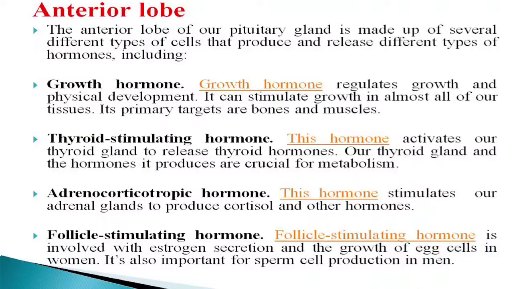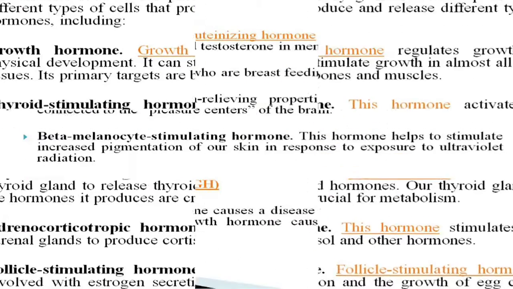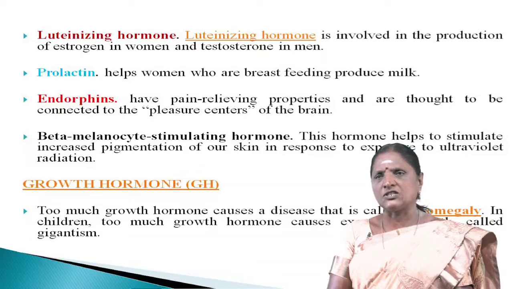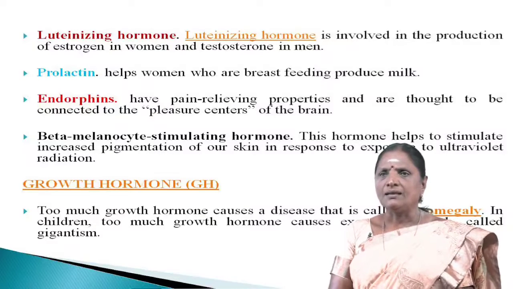Follicle stimulating hormone is involved in estrogen secretion and the growth of egg cells in women. It is also important for sperm cell production in men. Luteinizing hormone is involved in the production of estrogen in women and testosterone in men.